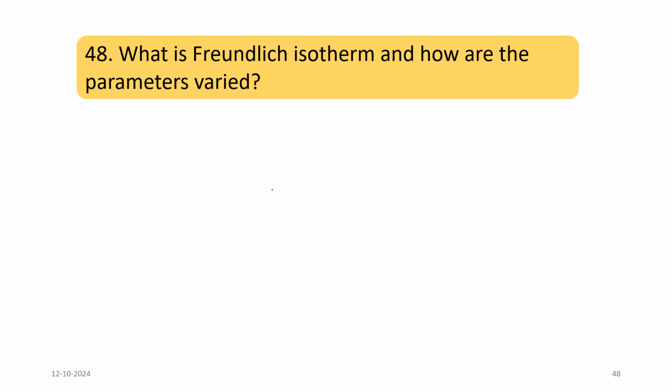What is the Freundlich isotherm and how are its parameters varied? The Freundlich isotherm is C_mu equals K P to the power 1 by N. C_mu is the concentration of adsorbed species, P is the pressure, K is a parameter and N is also a parameter, and K and N decrease with temperature.